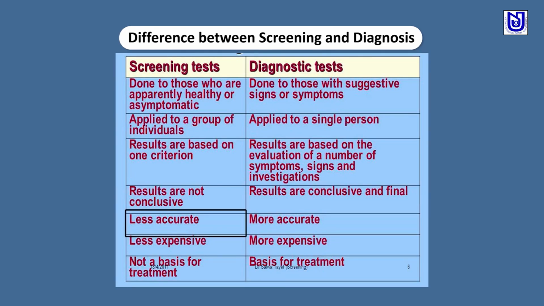Screening tests are less accurate, definitely, because they only identify children with problems on the basis of their symptoms. Diagnostic tests are more accurate. Screening is less expensive, whereas a diagnostic test is more expensive.